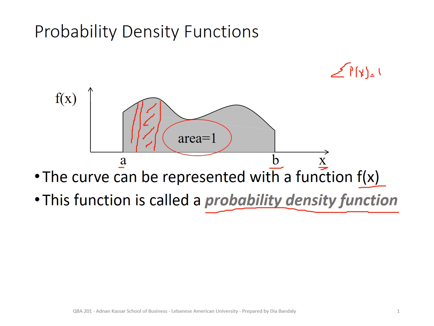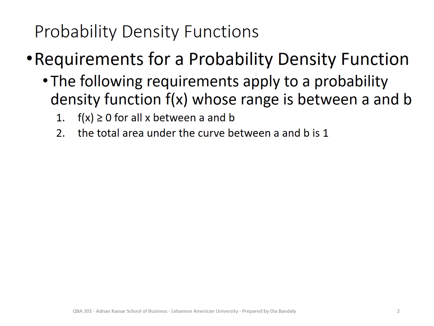Okay, let's proceed. So keep in mind that whenever you're looking at a probability density function, I'm going to always refer to it as PDF, okay? We have two requirements, very similar to the requirements that we had for a discrete probability. What are these two? First of all, f of x should be always greater than 0, okay? So we're looking at the curve which is on the positive side of the vertical axis.